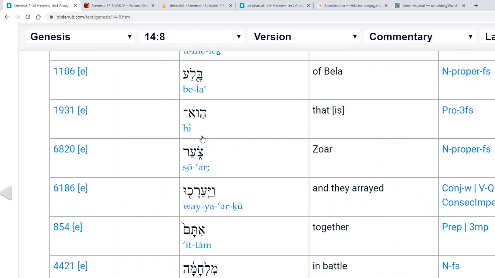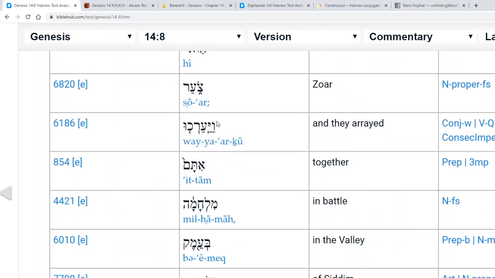Let's go back here. Hitzor veyarhu. So conjunctive vav, the yud is putting it in the imperfect. The root is ayin resh chaf, right? So that is to arrange or to set out, like Shulchan Aruch, the set table. Veyarhu, and they arranged or put it, right.